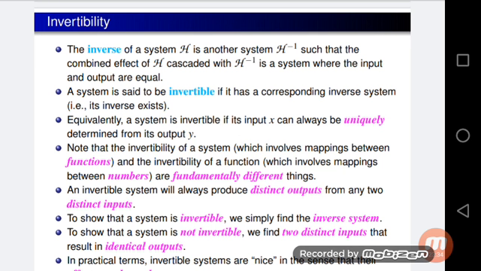An invertible system will always produce distinct outputs from any two distinct inputs. To show that a system is invertible, we find the inverse system. To show that a system is not invertible, we find distinct inputs that result in identical outputs.